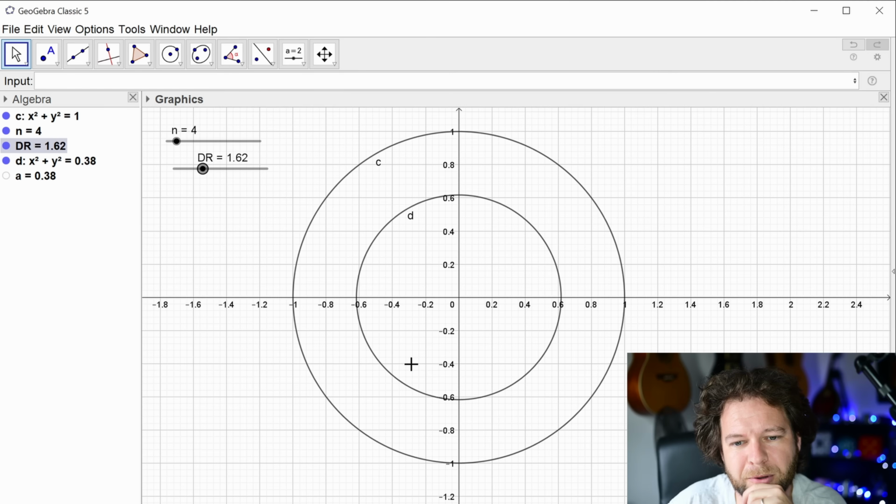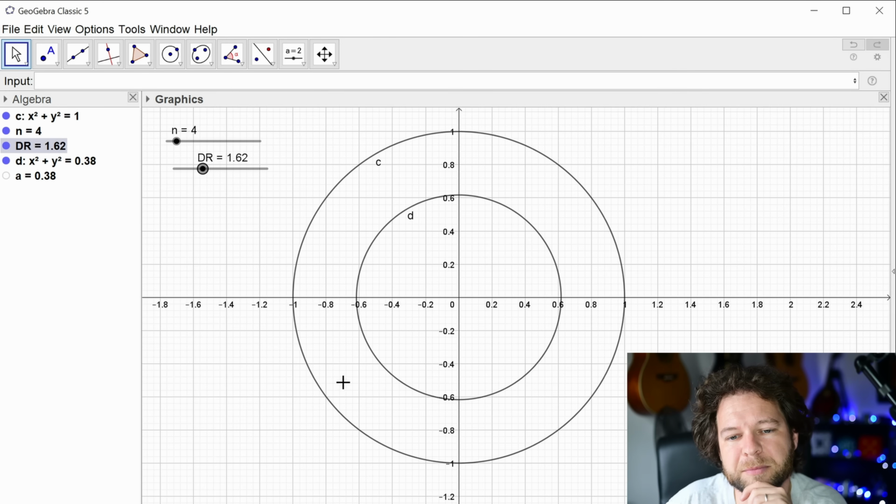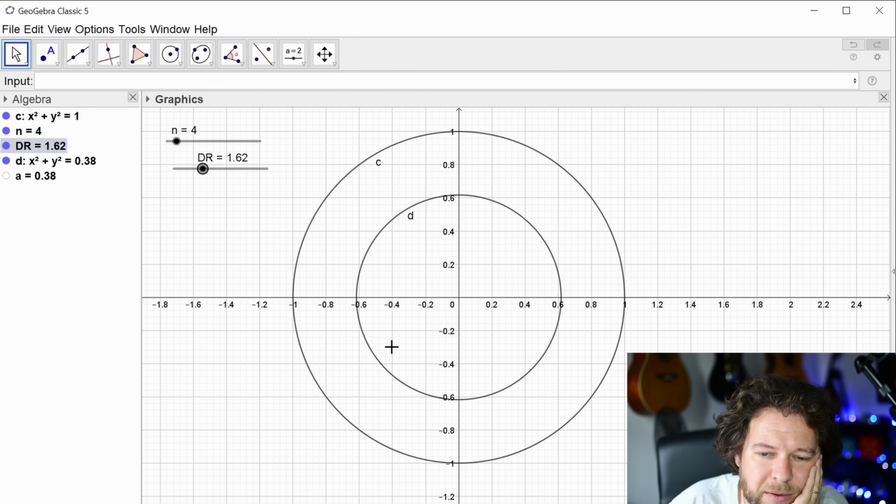Still haven't got my head around how to plot this circle. So as it moves around, it needs to be 1 minus its radius from that edge, which means it is actually the golden ratio. Sorry, it's actually the radius from there. So what am I saying?